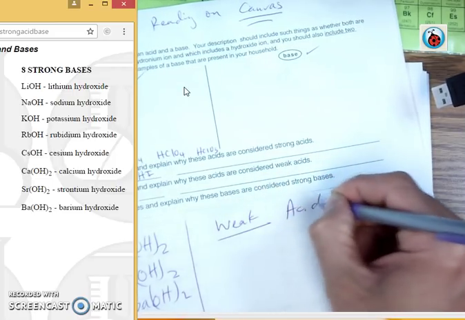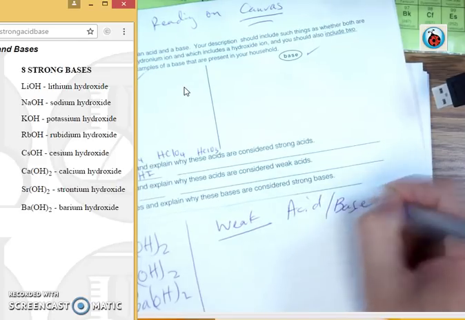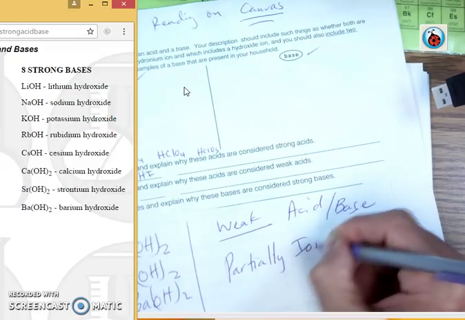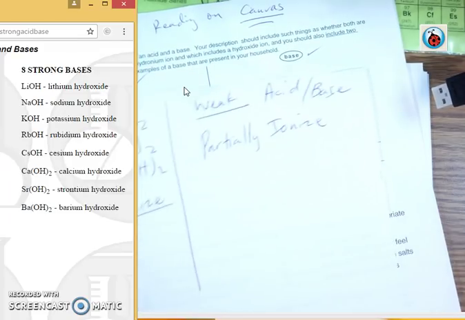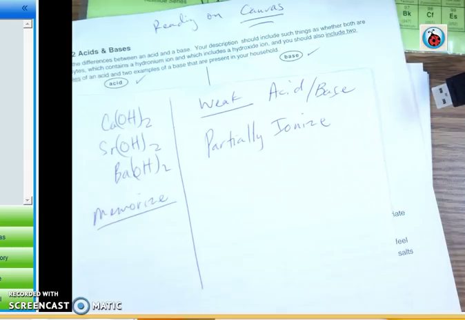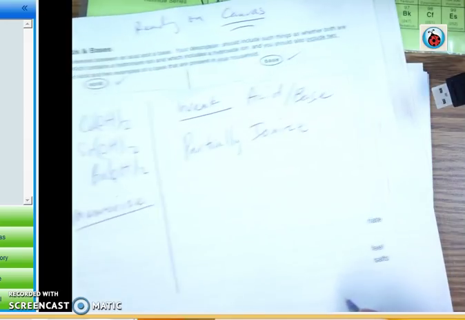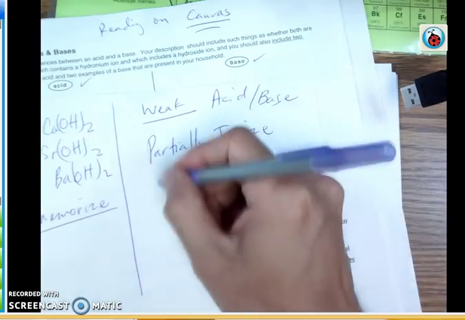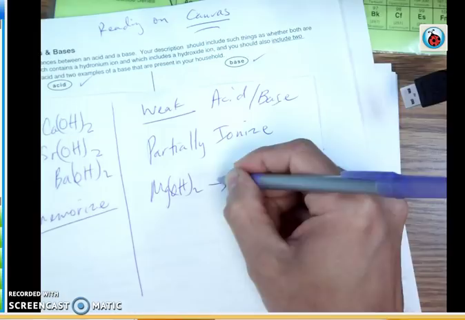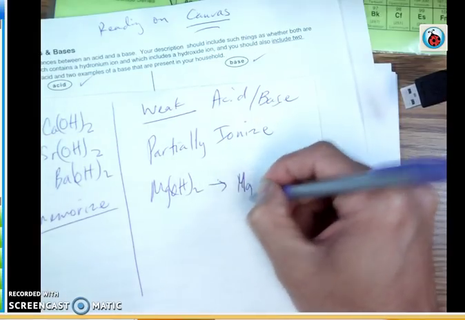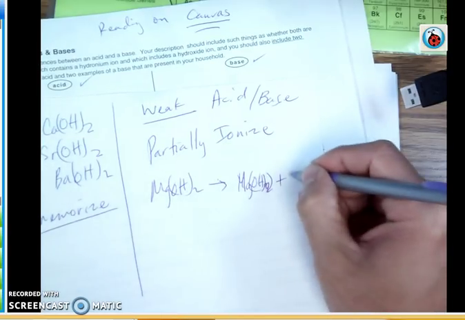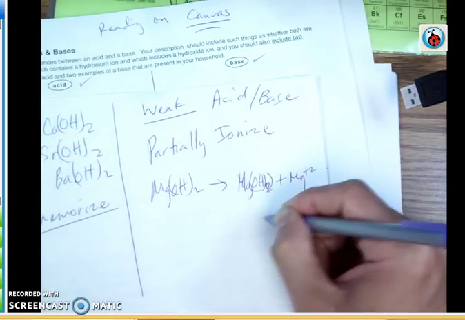acid and base, they only partially ionize. What does that mean? That means whenever you have a compound like MgOH2, not all of it splits up, there's still going to be some MgOH2 plus magnesium ions plus OH ions.